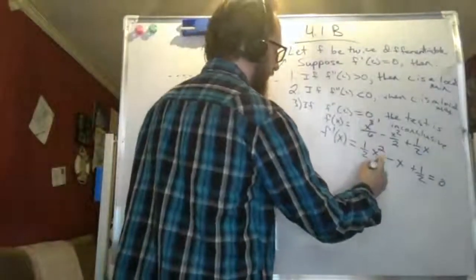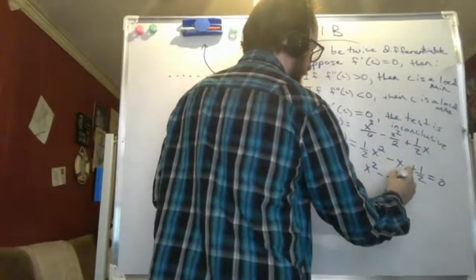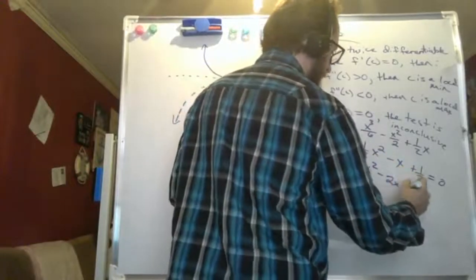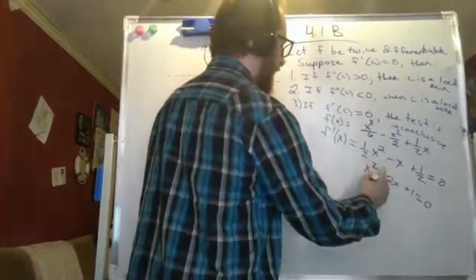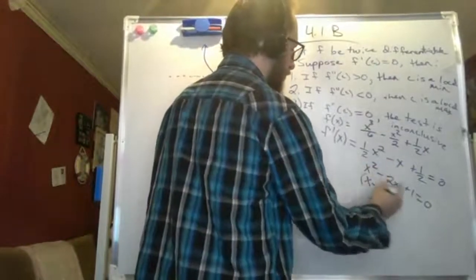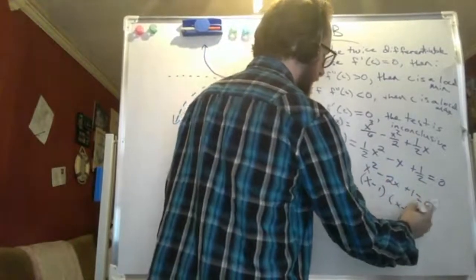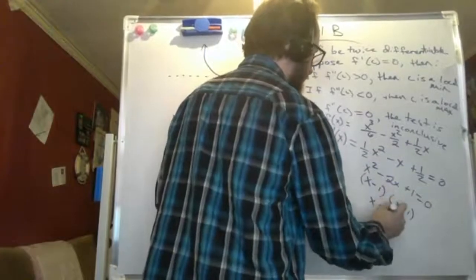So I multiply it by 2, and I'm going to have x squared minus 2x plus 1 is equal to 0. But if I factor that, that's x minus 1 times x minus 1. So I have a critical point at x equals 1.